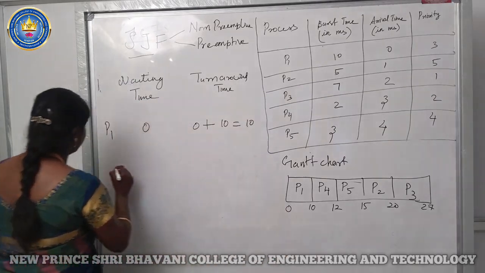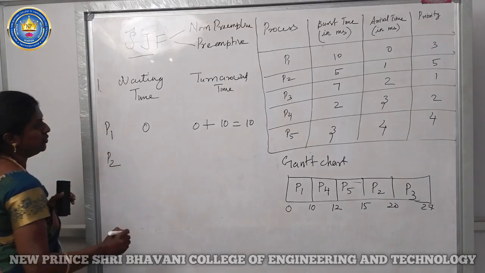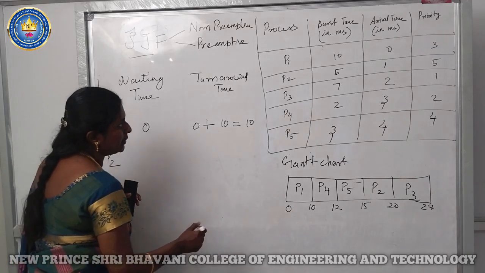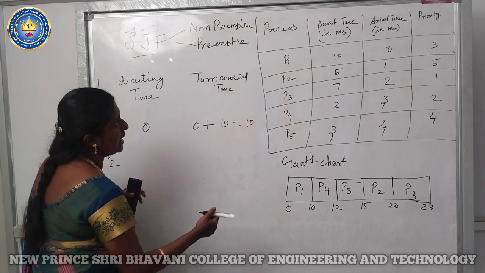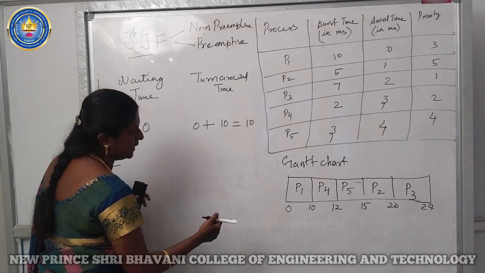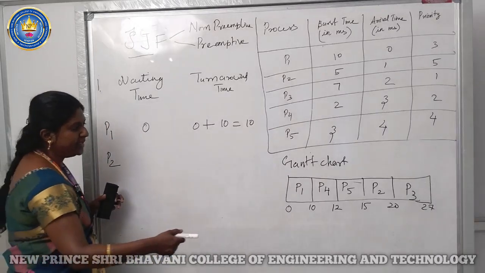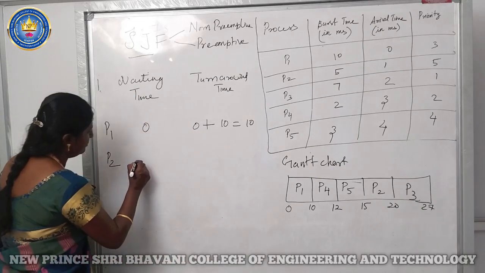Next, for process P2, we have to find out. P2's arrival time is 1 millisecond, but we allocated the CPU at the 15th millisecond.